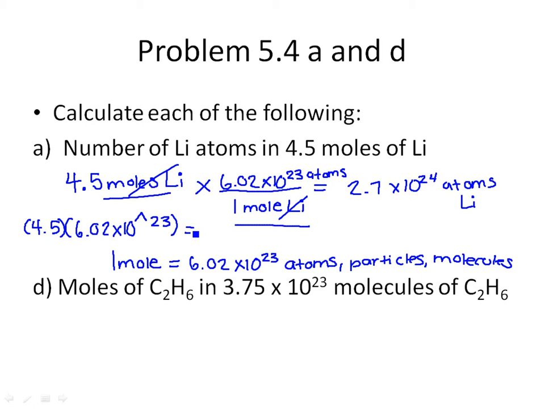D says to find the moles of C2H6 in 3.75 times 10 to the 23rd molecules of C2H6. Once again, this can be a calculator problem because we have this times 10 to the 23rd, this scientific notation. So again, we're going to write out what we know.